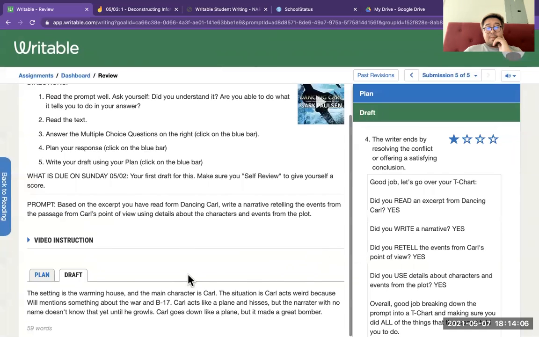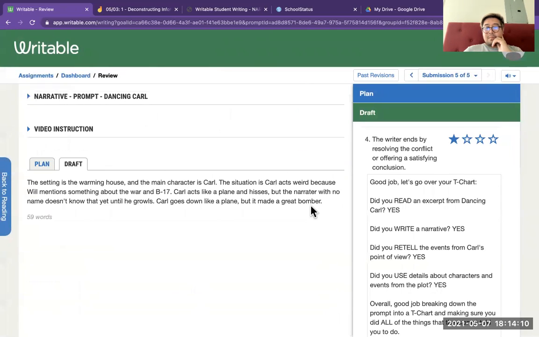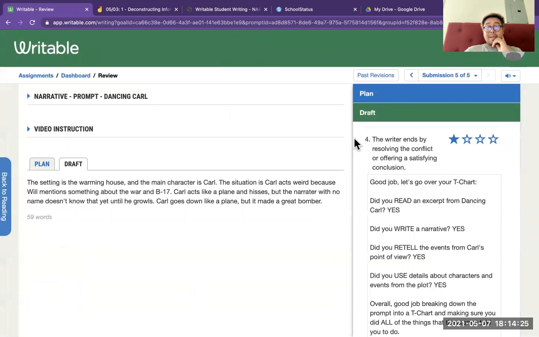So, just from what we see here, did this writer read an excerpt from Dancing Carl? Yes, that is clear that they did, because they made a good story map that almost followed the original passage fully, right?